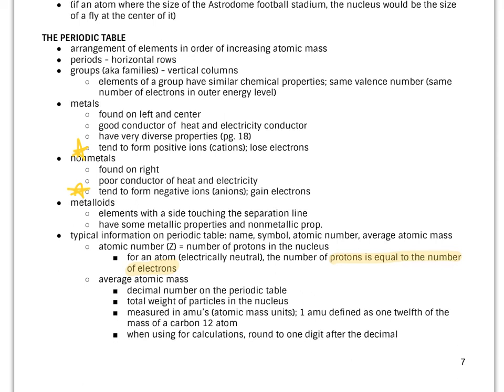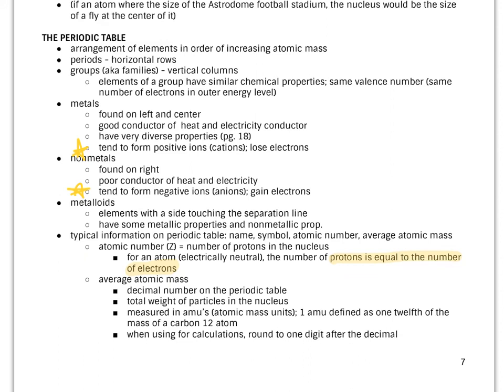They had to come up with their own for atoms. One AMU is defined as 1/12 of the mass of a carbon-12 atom. That's just a little fun fact for you.